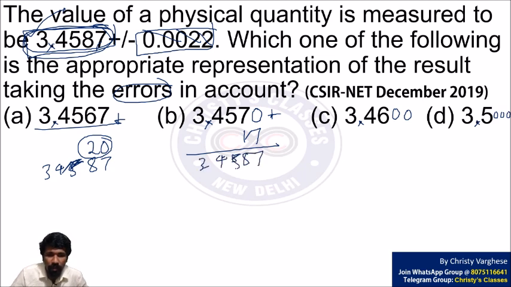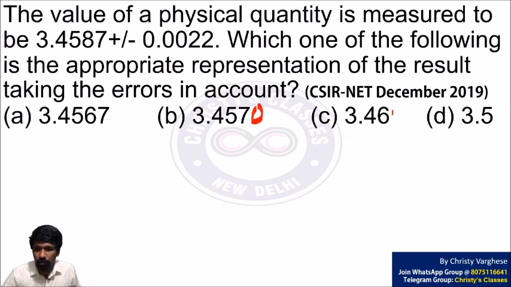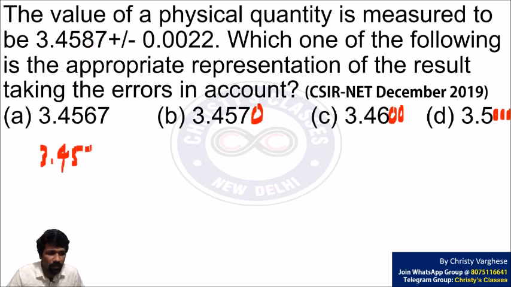Third option, compare with 3.4587. I'll put 2 zeros here and 3 zeros here. Now compare with the real answer, 3.4587. This is 20 away, so here the error is 20.